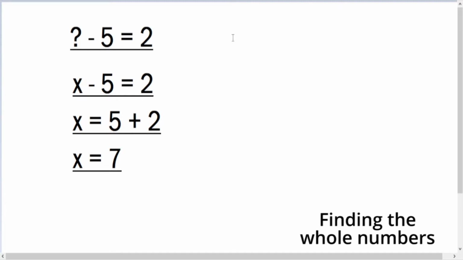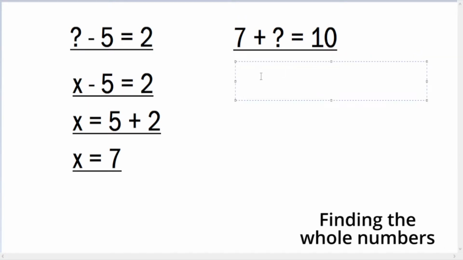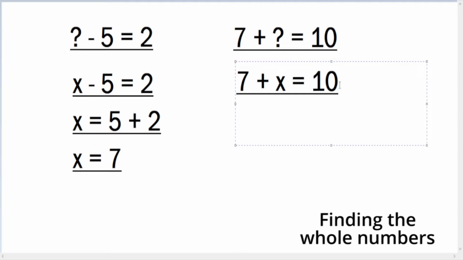Now the second example: 7 plus a question mark equals 10. You need to find your own examples. So 7 plus x equals 10. After that, you have to find the x value, the missing number.